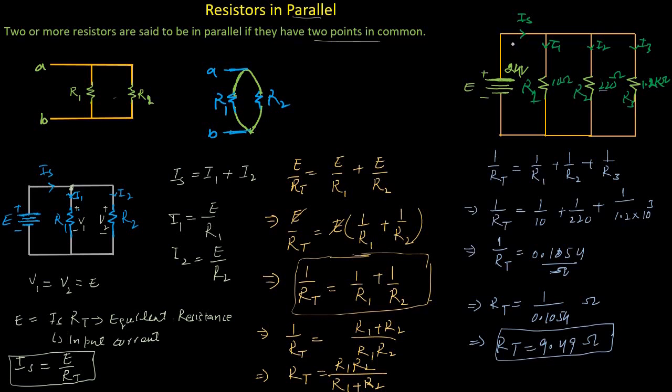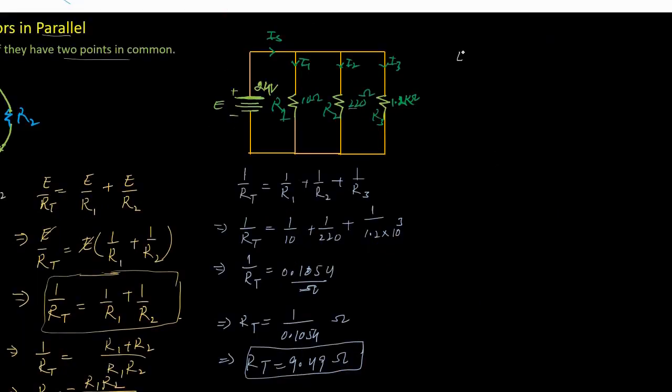Now to find the total current from this source, by using Ohm's law we know that E is equal to Is times RT. So to find Is from this equation, Is would be equal to E divided by RT. E we already have, which is 24 volts, divided by RT, which is 9.49 ohms.